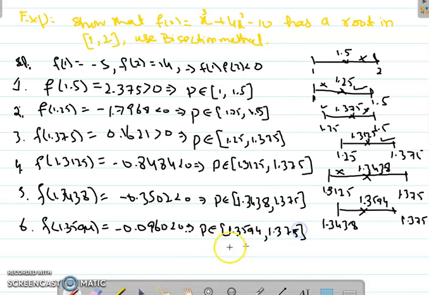So we will further divide this interval and we will get the middle point of this, which is 1.3672.